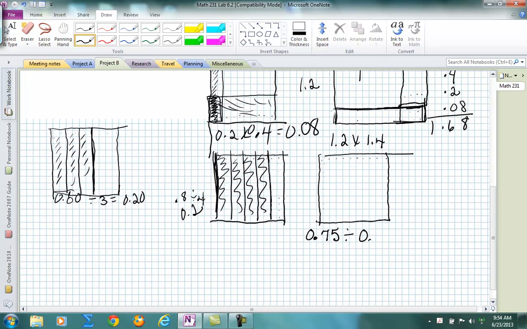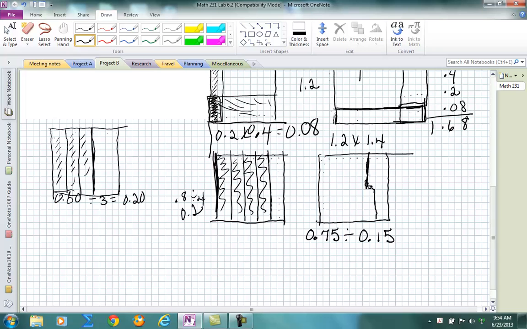So what I would want to do is first mark off 75 hundredths. And then see how many 15 hundredths I could take out of that.